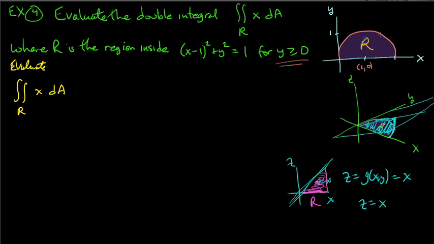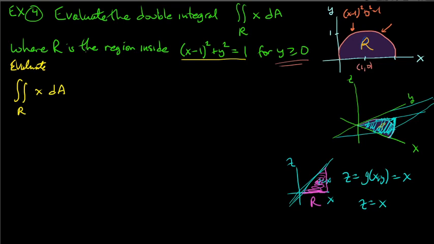Of course, we could use rectangular coordinates. I mean, it's given to us that way in terms of x and y, that's the circle here, (x minus 1) squared plus y squared equals 1. On the other hand, we should also probably convert this to polar coordinates.